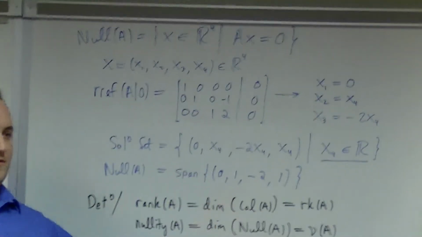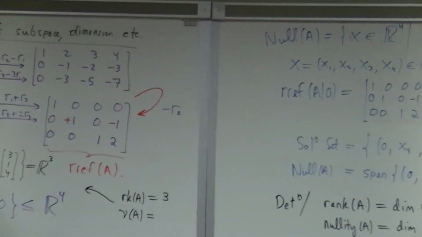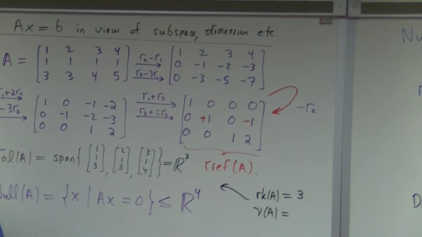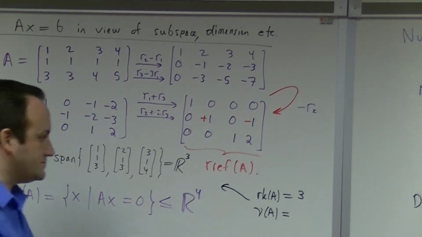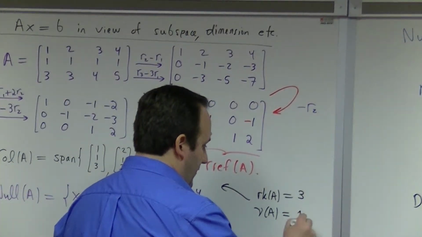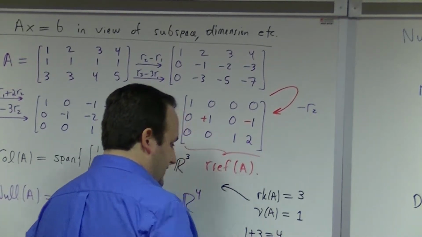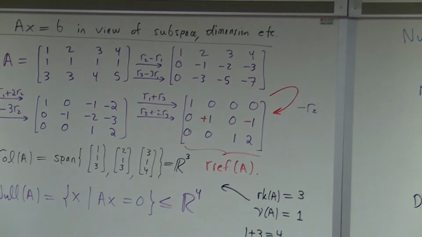How many vectors does it take to get a linearly independent spanning set for the null space? Just one. So 1 plus 3 equals 4. What is the significance of 4 for this example? It's the number of columns in the matrix A.